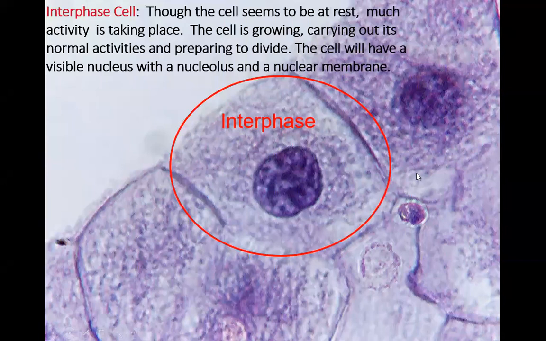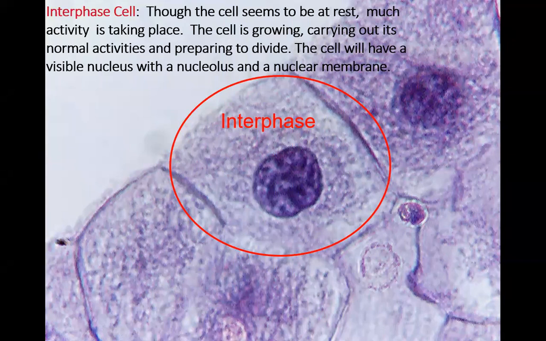This is interphase. This is what we usually see when we look at a slide of a cell. It looks like a cuboidal cell. You see the nucleus, and you can see the cytoplasm, and you can see the edge of the membrane. And that's all. The cell appears not to be doing anything, but it's probably very busy.